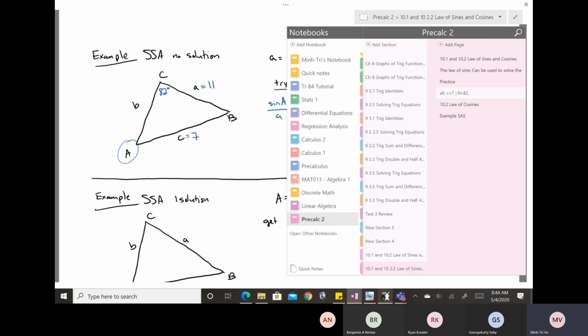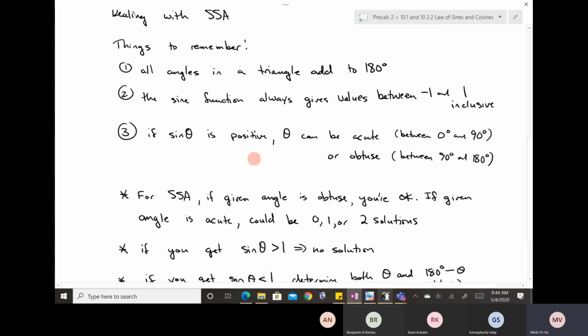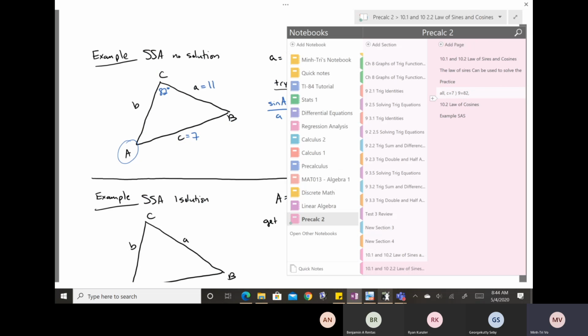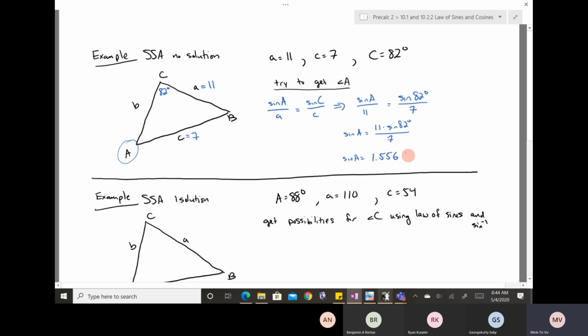So we run into the situation where the sine of the angle is bigger than 1, which is impossible. So there's no solution.